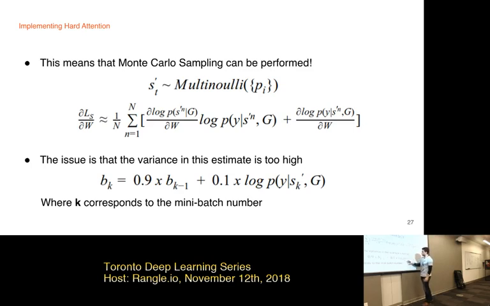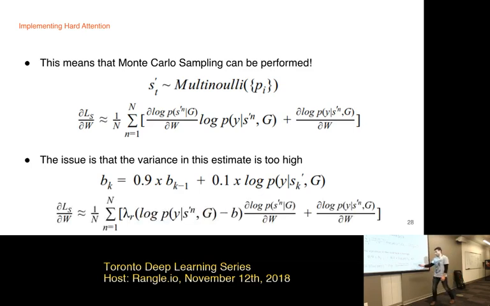We take this probability multiplied by 0.1. So we take the output generated by the neural network, log that, multiply by 0.1 to get the new bias. And why do we need that bias? We need it to subtract in order to make the variance of this expression smaller.